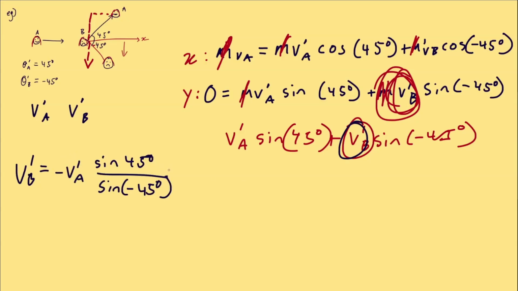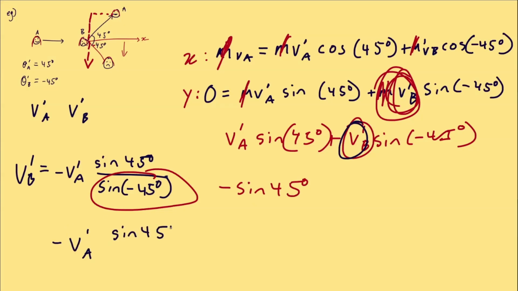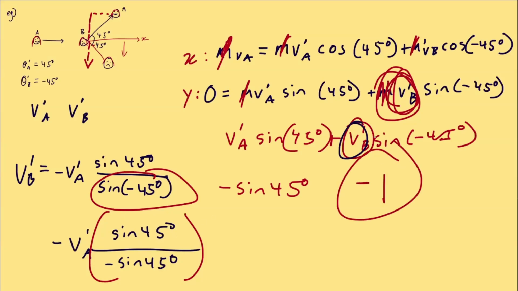If you recall from trigonometry and trig identities, then sine negative 45 is equal to negative sine 45. So our equation can be rewritten, simplified, like this. Any number divided by itself is equal to 1. And since it's negative, that means sine 45 over negative sine 45 is equal to negative 1.